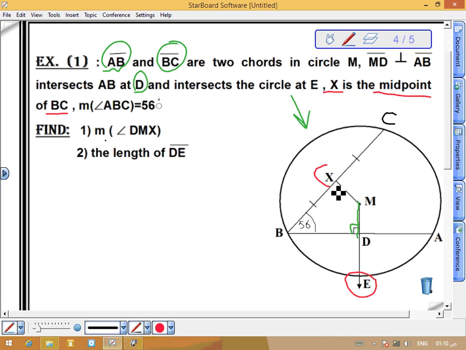Here, X is a midpoint of BC. Measure angle ABC as given in the figure equals 56. Here, the first required is to find the measure of angle DMX.